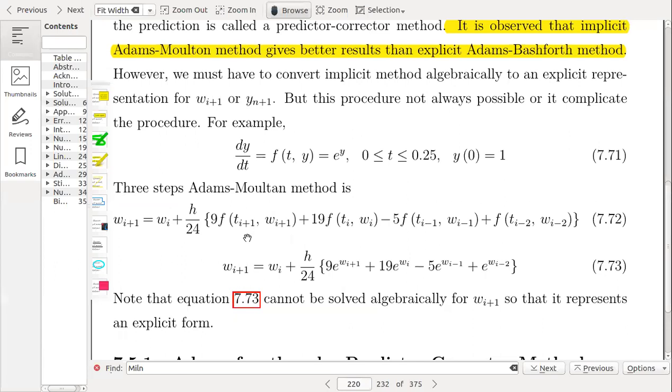equals wi plus h over 24 times 9 f(ti plus 1, wi plus 1) plus 19 f(ti, wi) minus 5 f(ti minus 1, wi minus 1) plus f(ti minus 2, wi minus 2).